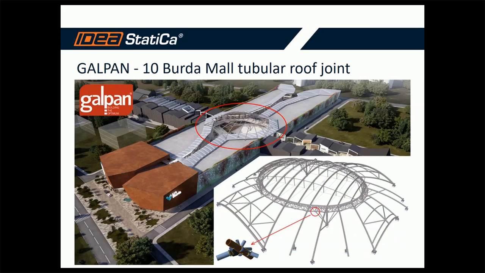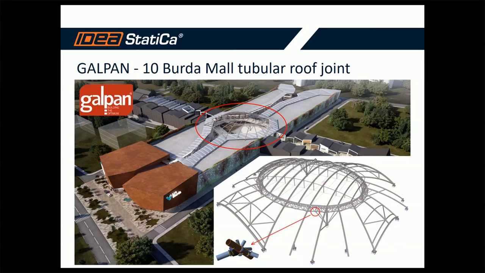And the example is the 10 Burda Mall. It's the new design of a mall in the city of Balıkesir in the east of Turkey. Here again, they used IDEA StatiCa Connection to design and code check one of the steel roof structures of the main structure of the mall.